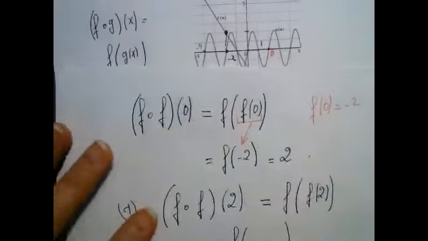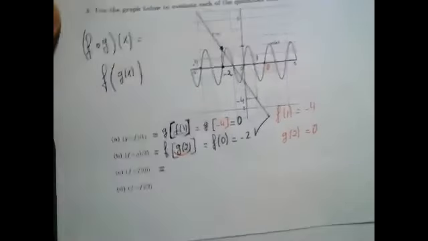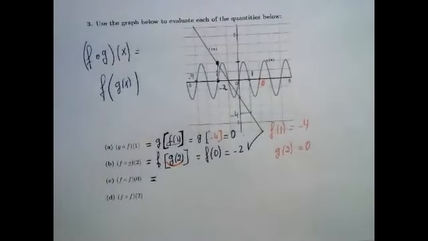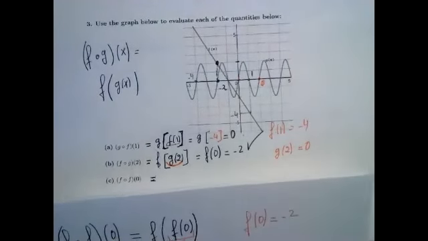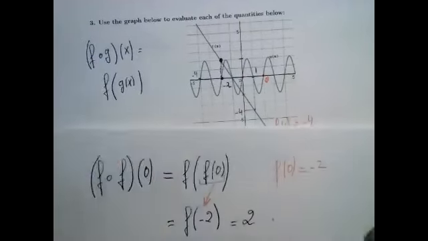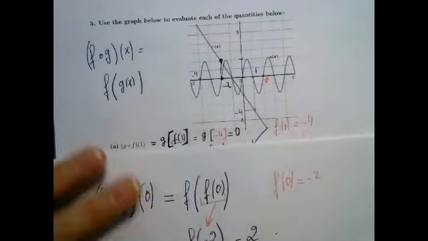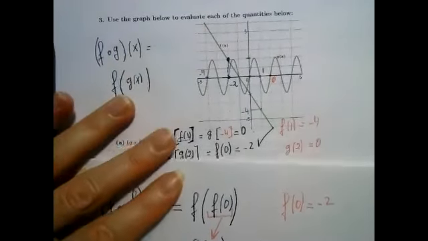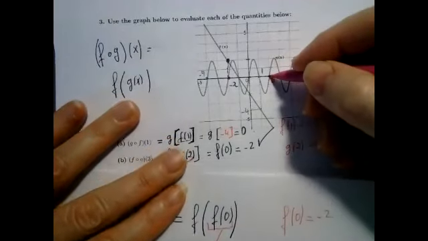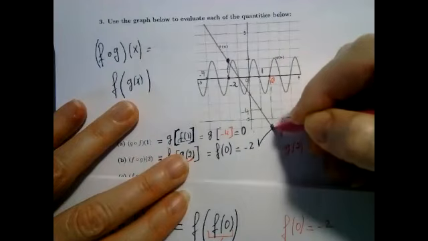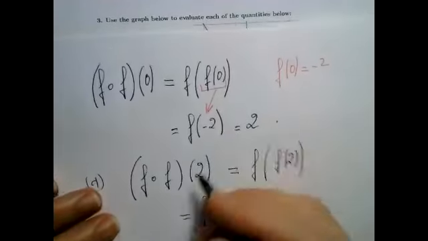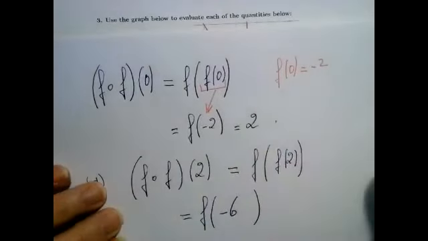Give me one second, I just need to see the graph. Yeah, this is the graph. So it would be -6. F of 2 is -6. Is she right? It's -6. Yeah, so it's f of -6. She's absolutely correct.